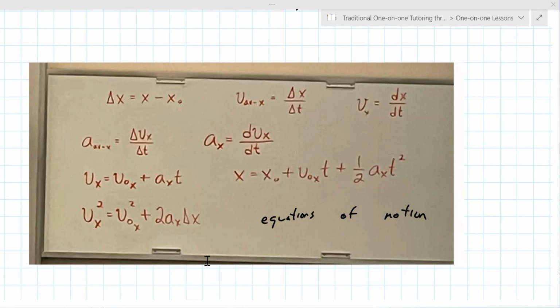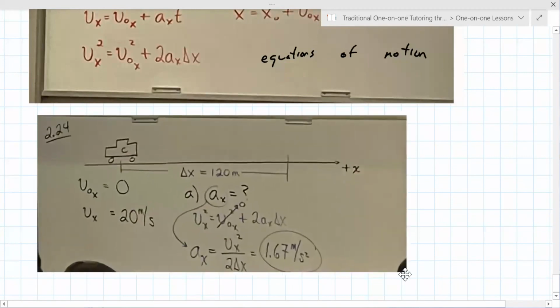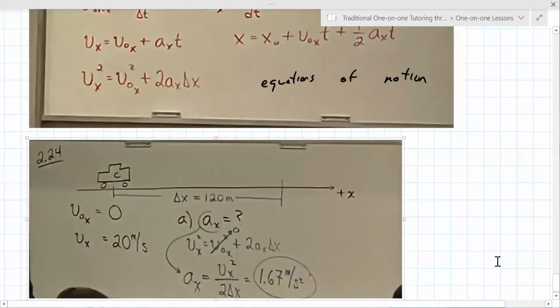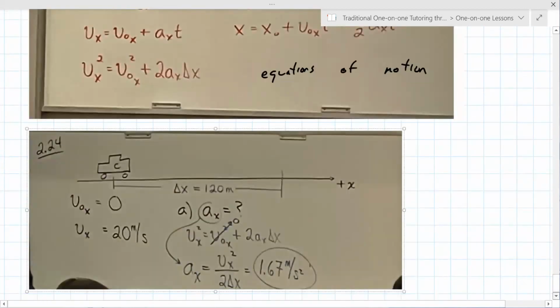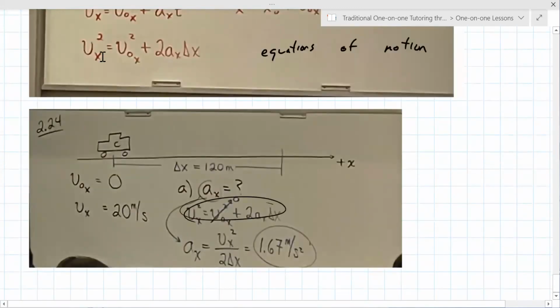So this problem here, there was some given information, but the instructor is saying, since you're trying to find acceleration, use this formula. See that formula there? It's this one right here.